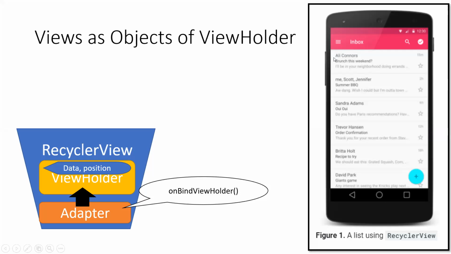Now you are seeing that all the view holder objects are showing you the bound data. So all the emails contain the star, the time, and the subject, the main headline, whatever the elements of the email lines are all about.